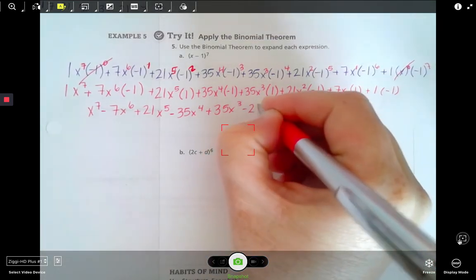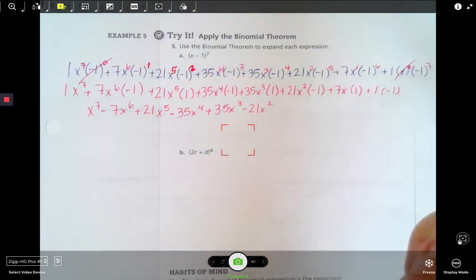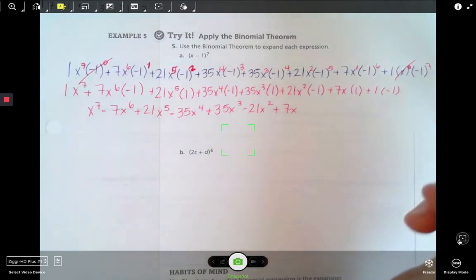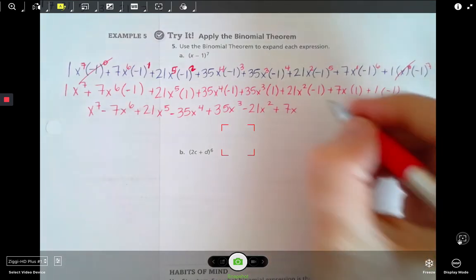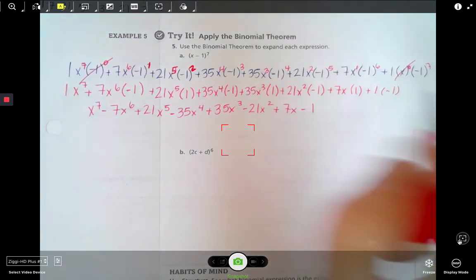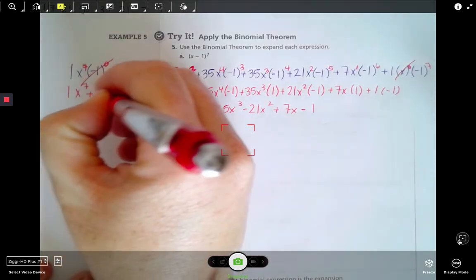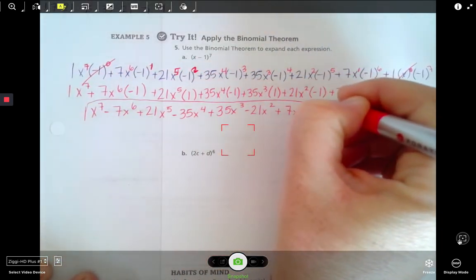Minus 21x squared plus 7x minus 1. So that right here would be your final answer.